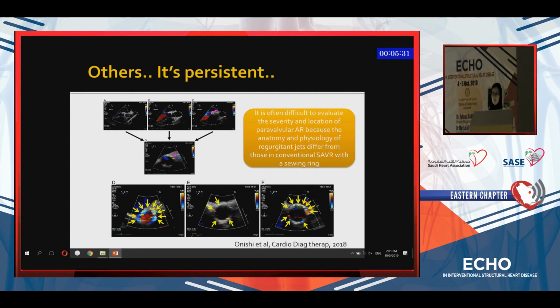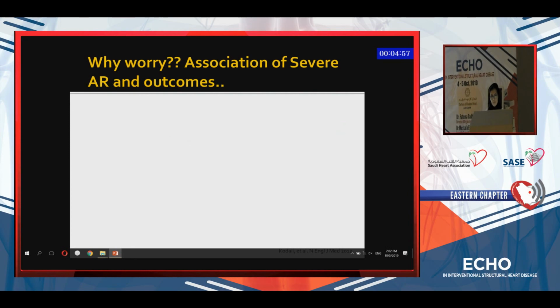It's very different from looking at your conventional TAVR patients with a sewing ring. You have to actually rotate the TEE medial to lateral to try to unmask the degree of aortic regurgitation, as is displayed in this image. If you look at the image highlighted as E, you may not notice significant aortic regurgitation, but the slight movement can show you, as seen in D, a significant degree of aortic regurgitation.